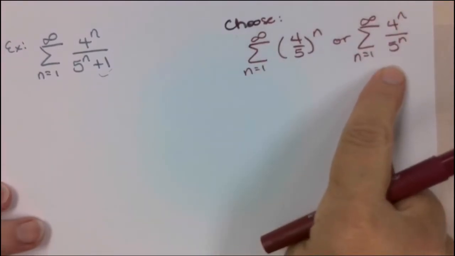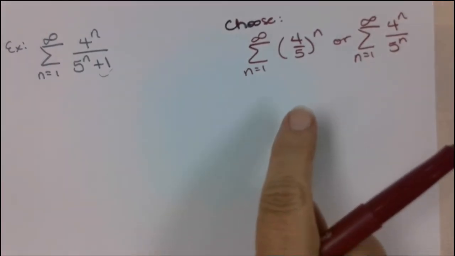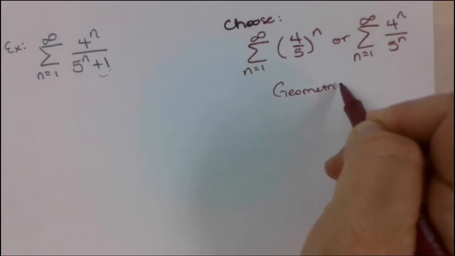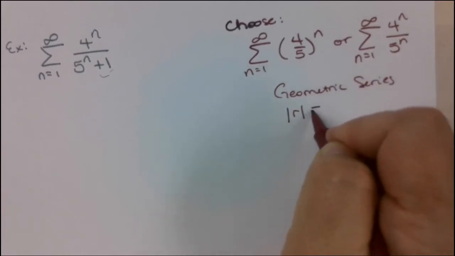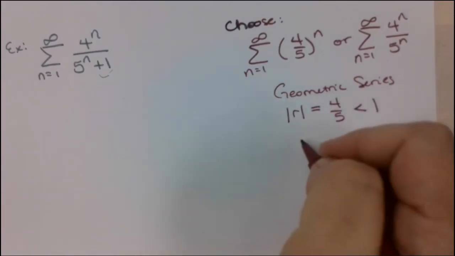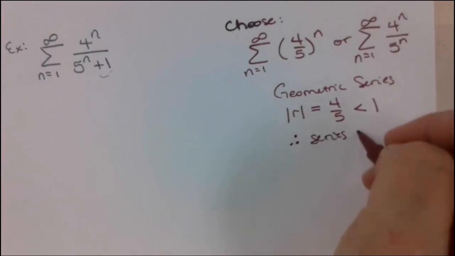This form may be a little bit easier for our comparison. But this is a geometric series. The common ratio here is equal to 4/5, which is less than 1, and therefore this series converges.